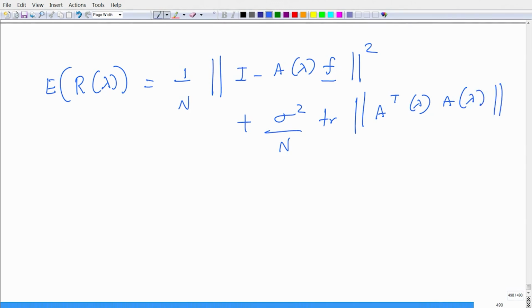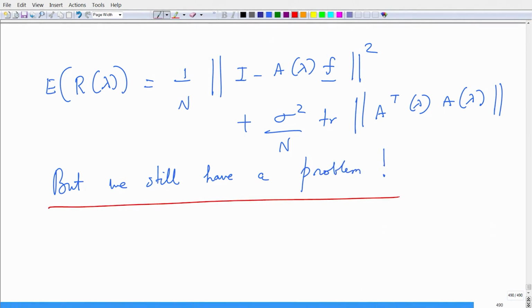But we still have a problem. Because the average error that we have computed is a function of the regression function f, which is unknown, and I am bringing that still, right.